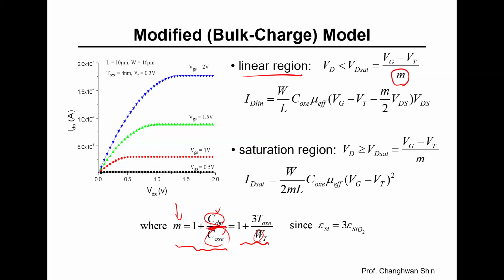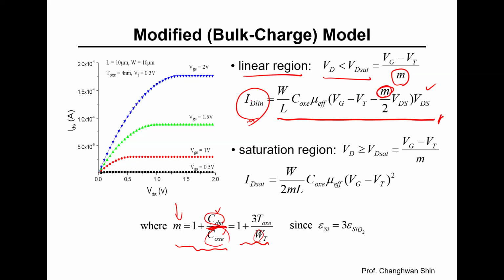VD is smaller than VD set, and you can rewrite the IDS current in the linear region as described in this equation. Take a look at this equation. Only the m factor has been included.